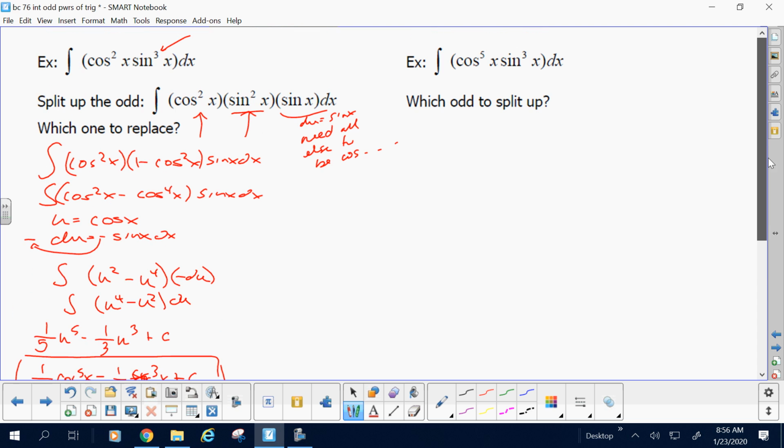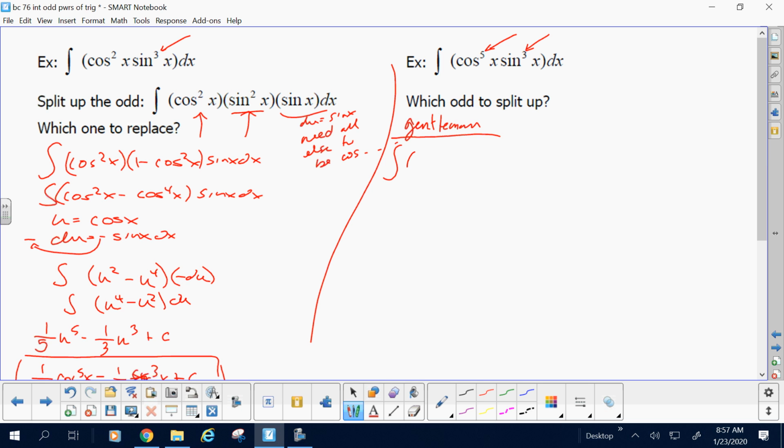Okay, last problem, I think. Yes? All right, this we're going to split up and do in 2 separate ways. Here's the deal. When they're both odd, it's your call which one you split a single off of. So this is what I'd like you to do. The gentlemen in the house, if you are indeed a gentleman, I would like you to split a single cosine off. You with me?